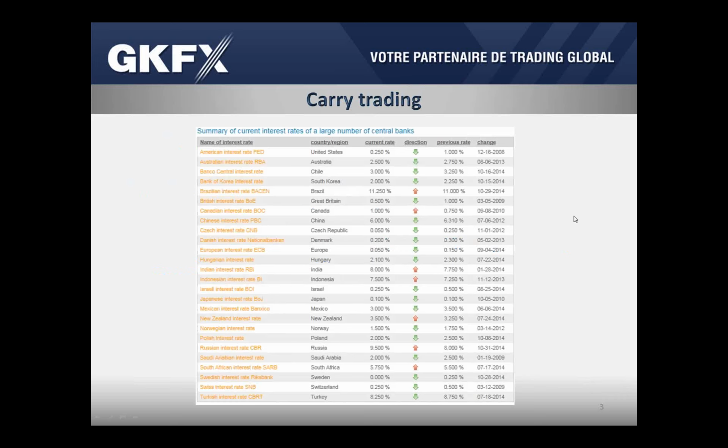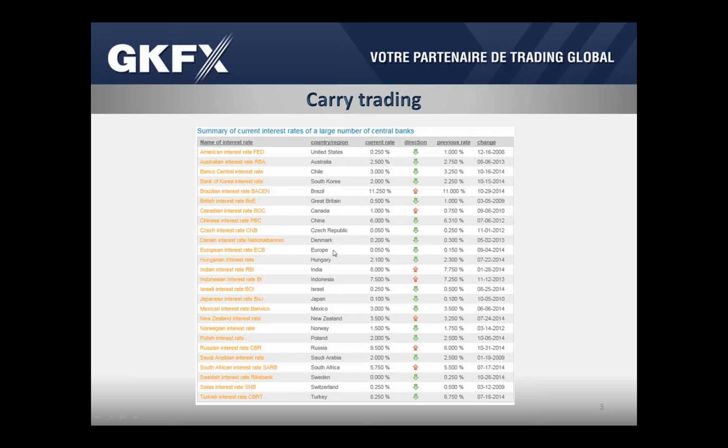Here is a list of some rates depending on the currency. Let's start with the USD. The American dollar has a rate of 0.25%, so it's very low. On the contrary, the Brazilian real profits from a very high interest rate, 11.25%.